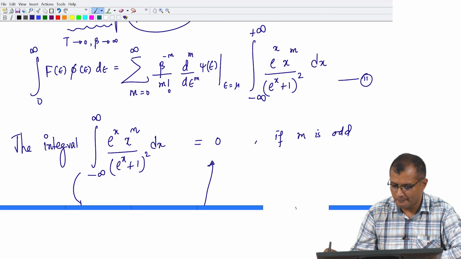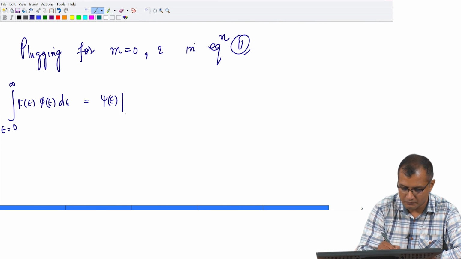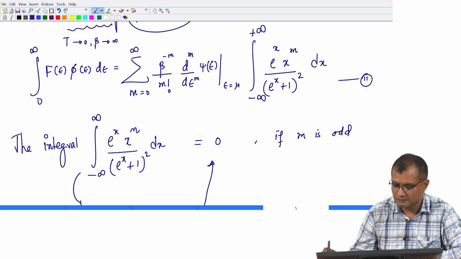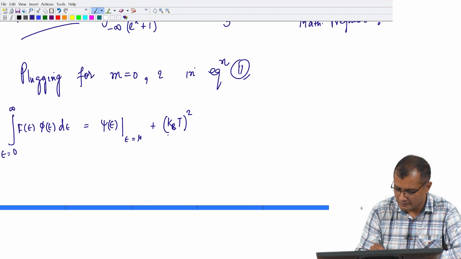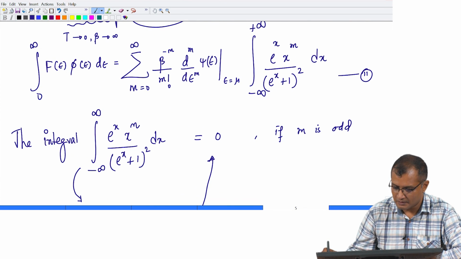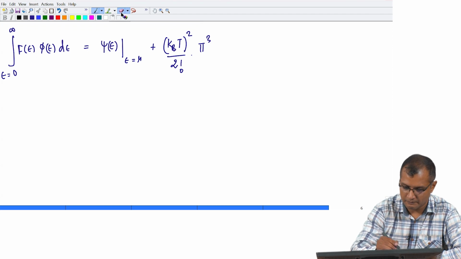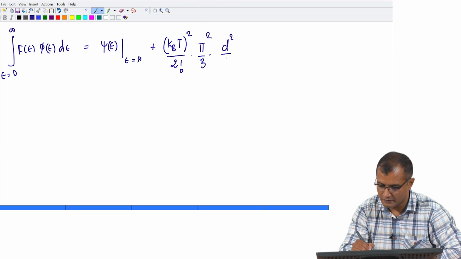So, that would just give me psi at epsilon equal to 0, okay, plus m equal to 2 would give me kT square by factorial 2 into pi square by 3 into the second derivative with respect to epsilon of the function psi at epsilon equals mu.